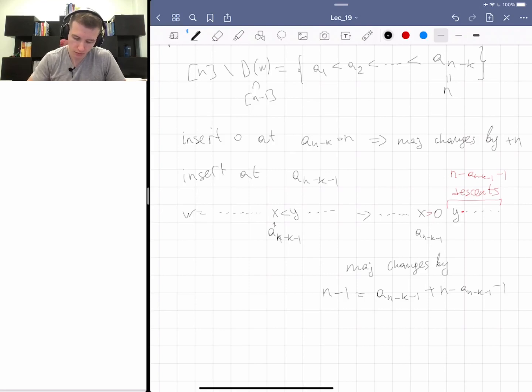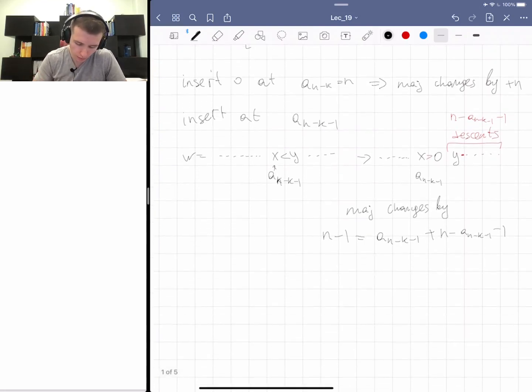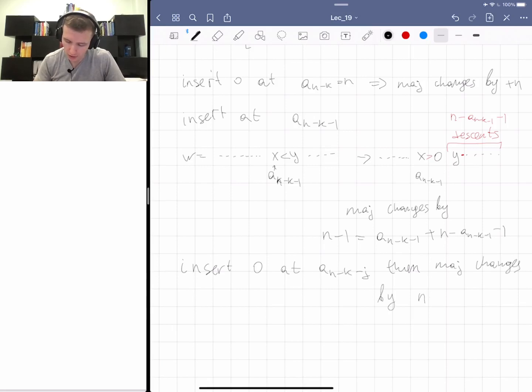So the idea is that by induction, if you insert 0 at a_{n-k-j}, then the major index is going to change by n minus j, for j from 0 to n minus k, plus a_{n-k-1}, whatever.